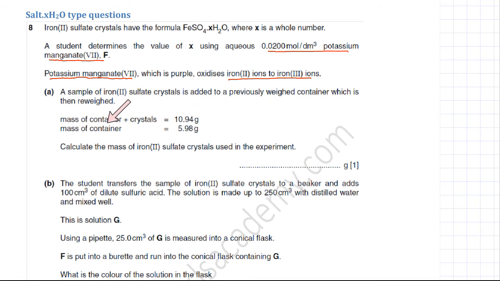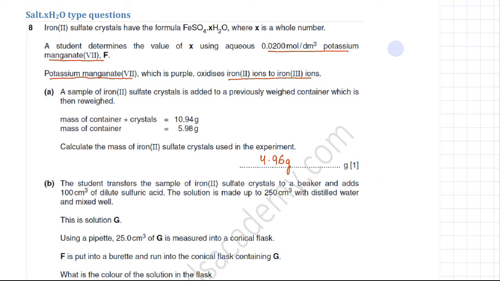We're going to get rid of the mass of the container from 10.94. Using my calculator, it's 10.94 minus 5.98, and the answer that I'm getting is 4.96 grams.